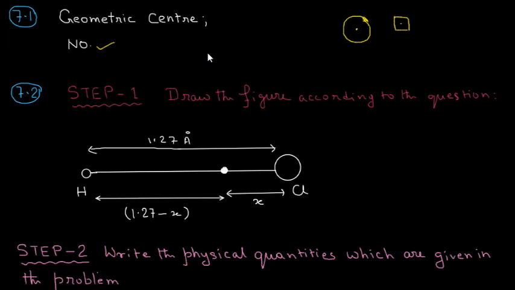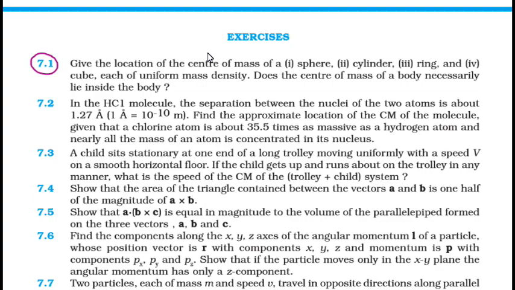Let us move to the next question. The next question is 7.2. In an HCl molecule, the separation between the nuclei of the two atoms is about 1.27 angstrom. 1 angstrom is equal to 10 to the power minus 10 meter.